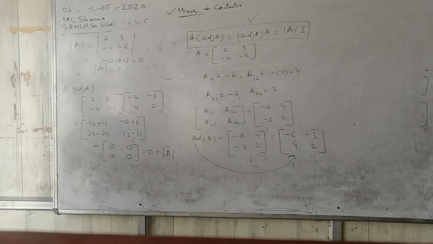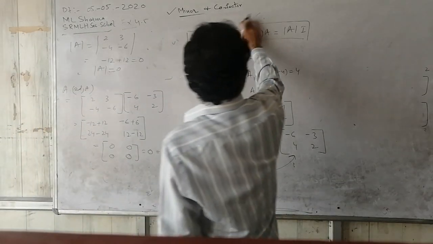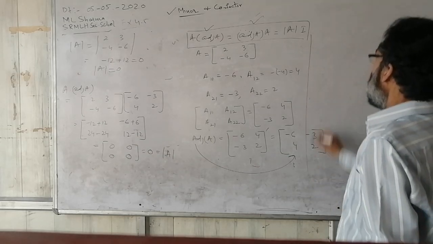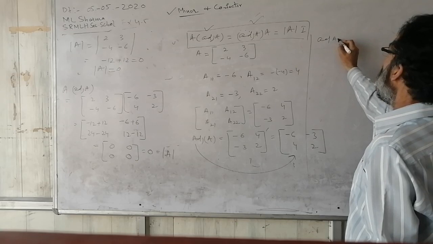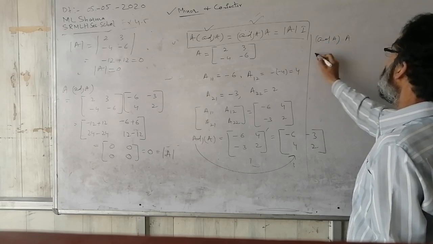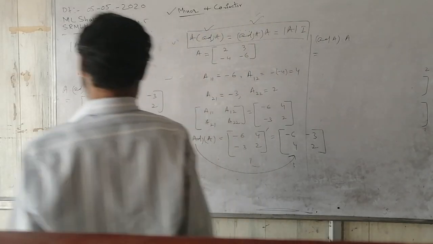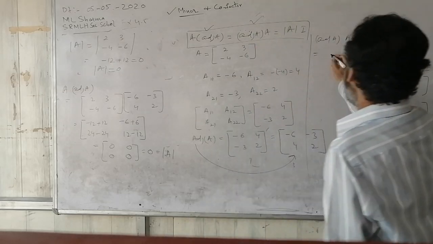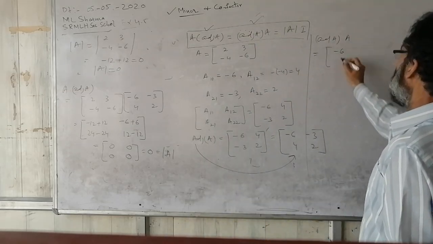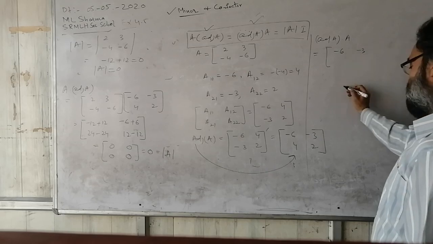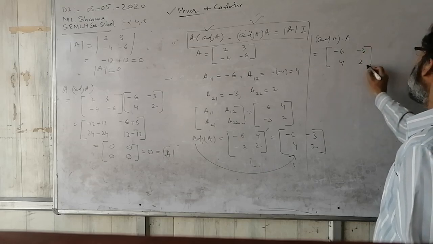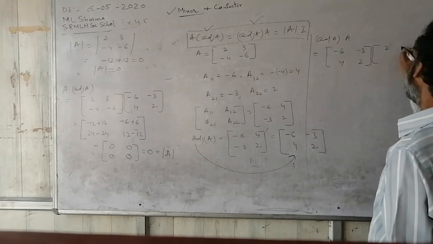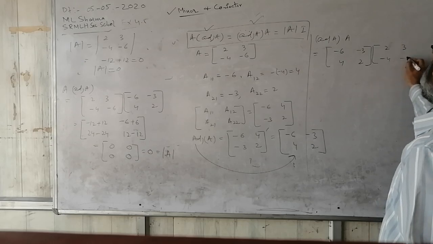In the same way, I can prove by taking adjoint A into A. So adjoint A, its value I have written: 6, minus 3, minus 4, 2 into A. The value of A is 2, 3, minus 4, minus 6.